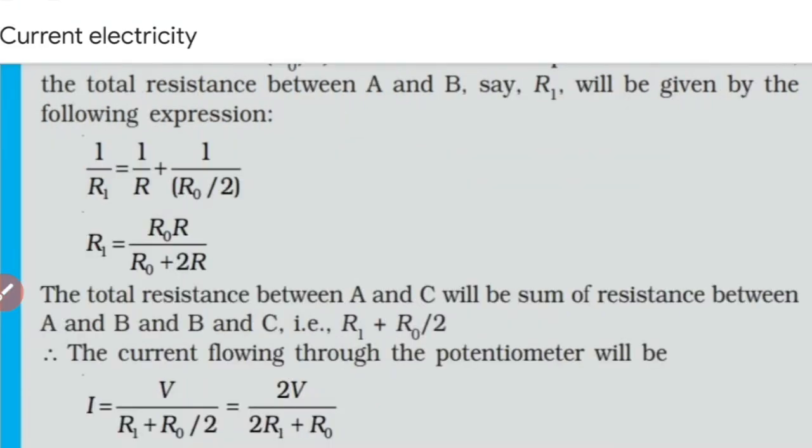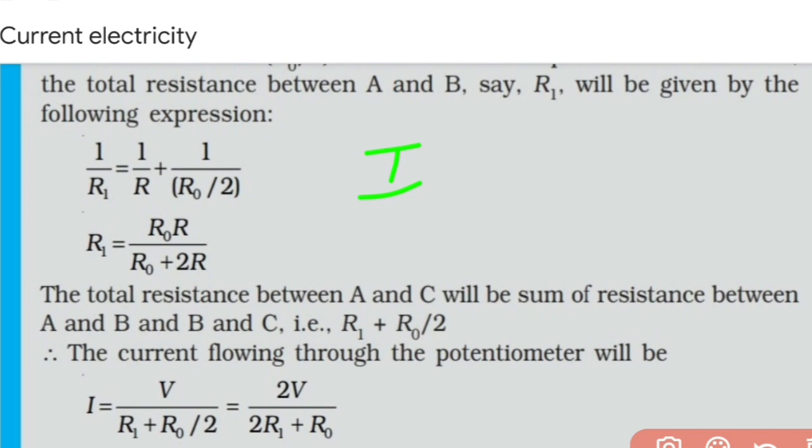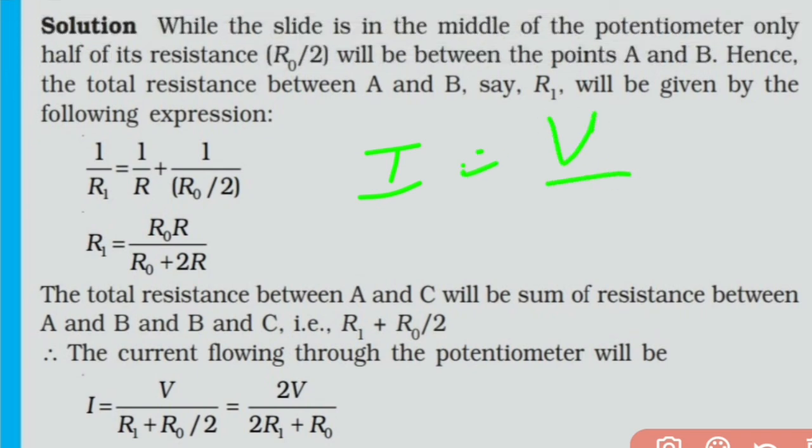So our expression for current becomes I is equal to V divided by the total resistance, R1 plus R0 by 2. So when you substitute for R1, you will get the expression for current. So I is equal to V divided by R1 plus R0 by 2.